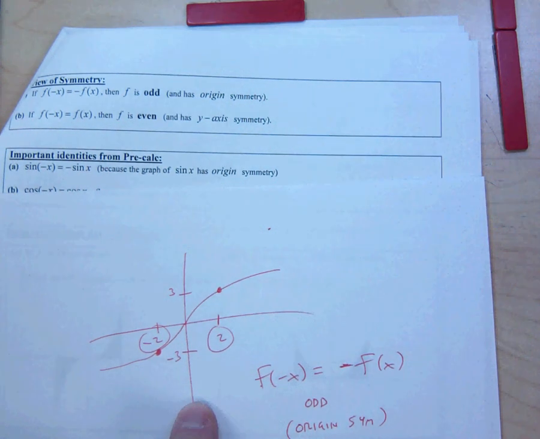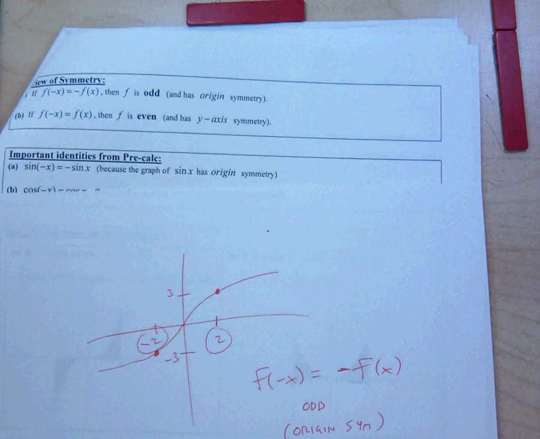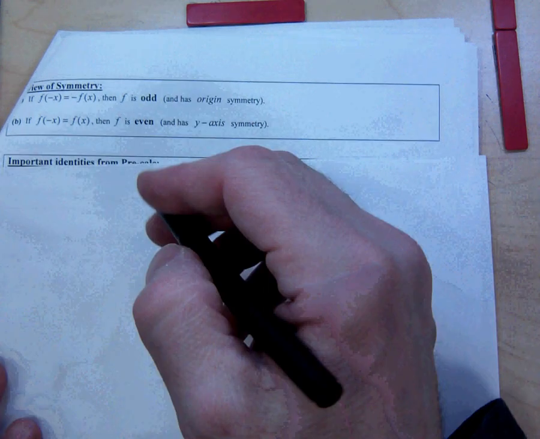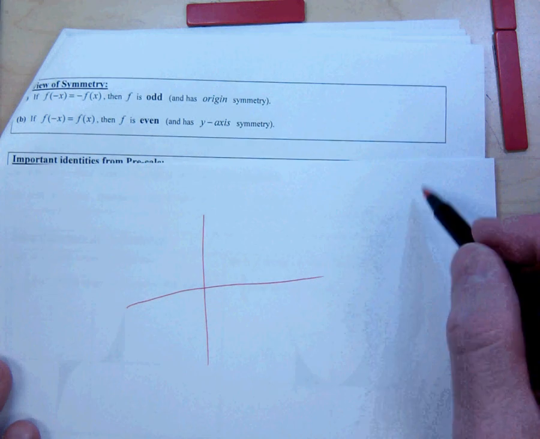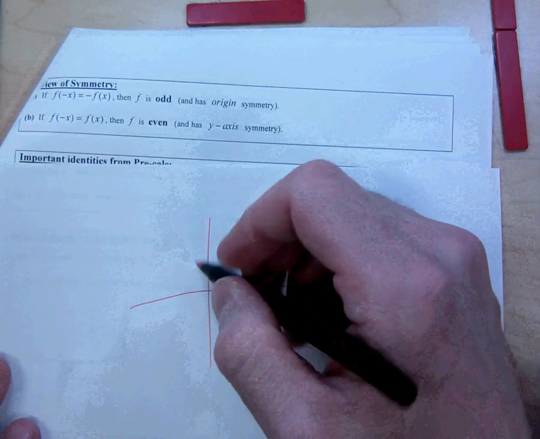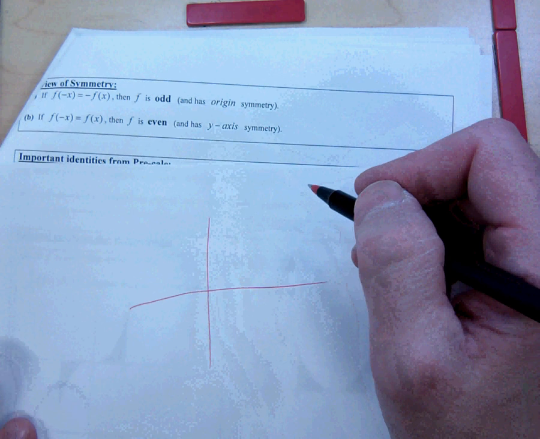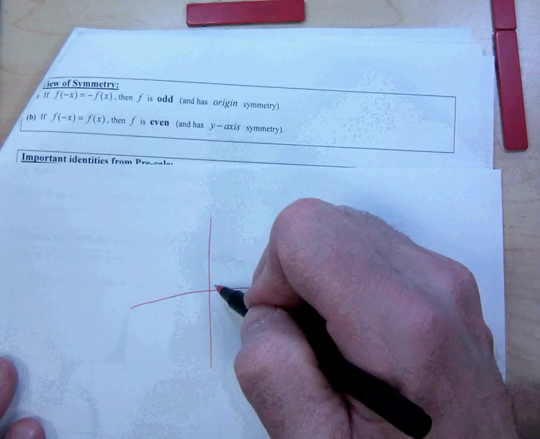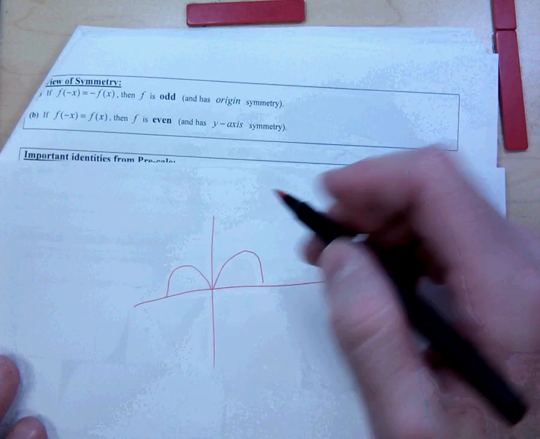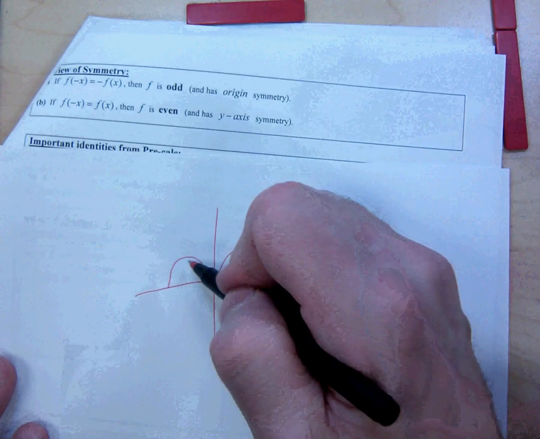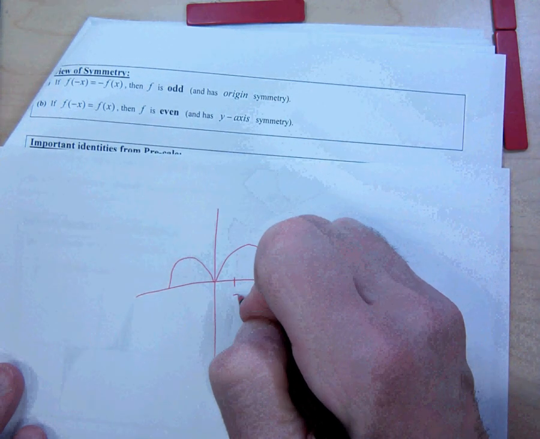All right, let's look at the other situation. Okay, suppose that's my graph, okay? And suppose I put in like 2 and I get, I don't know, 3 here.